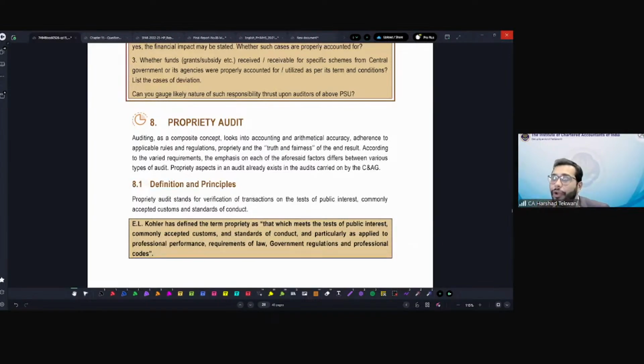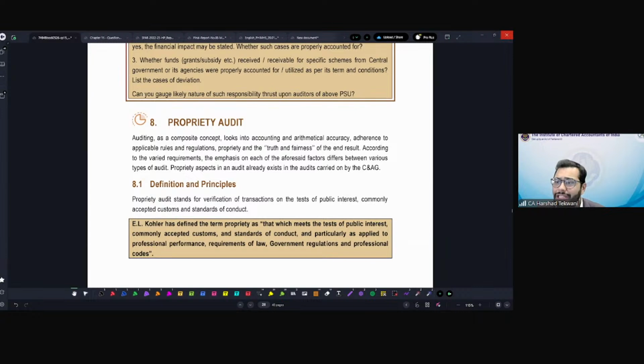But here we will question. In the proprietary audit, we will question that. We will understand whether whatever is being done is ethical conduct or not, whether the decisions made, the policies made, the principles and the rules are of good governance or not, and whether ethical standards are being followed or not.